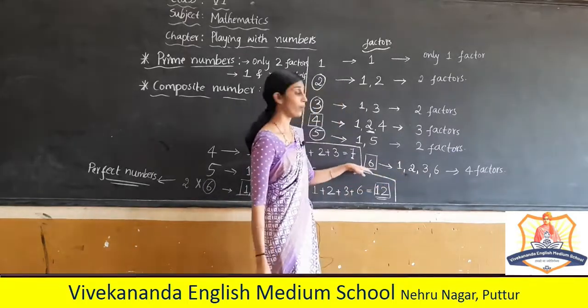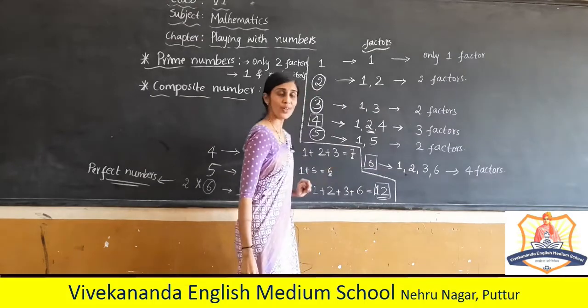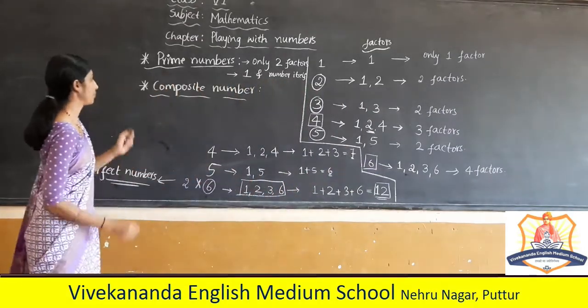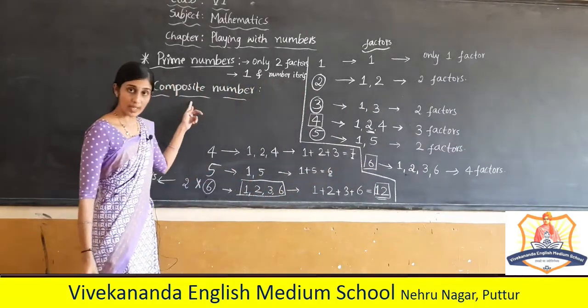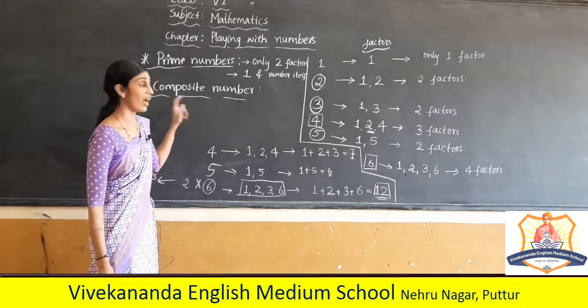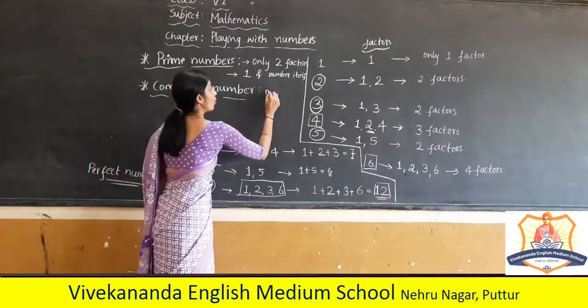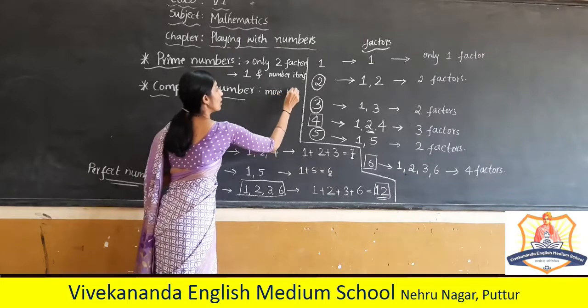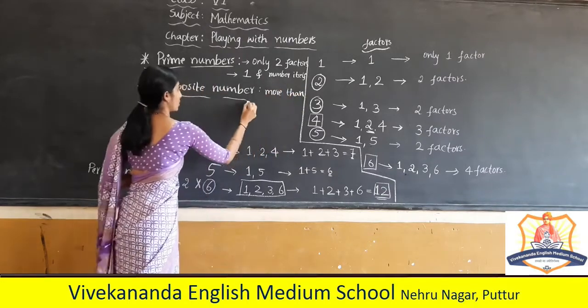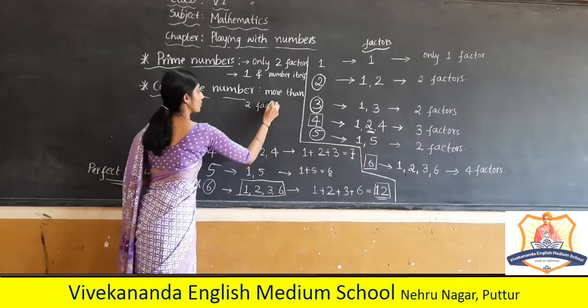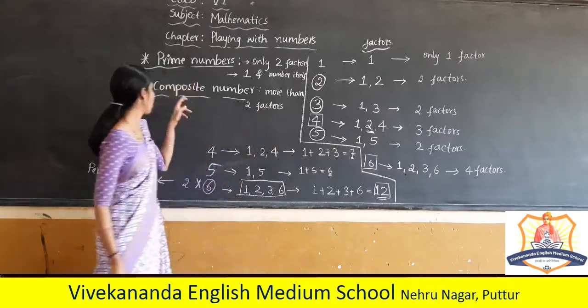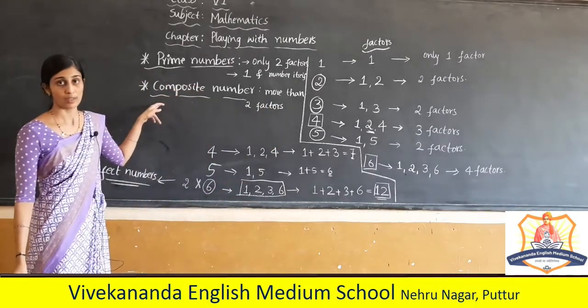It is a composite number. So, what do you mean by composite number now? The numbers which have more than 2 factors are called composite numbers.